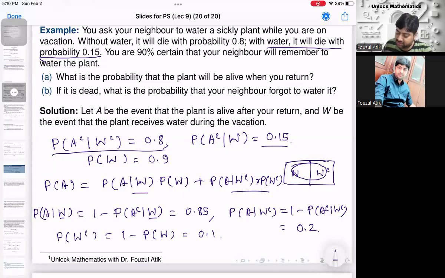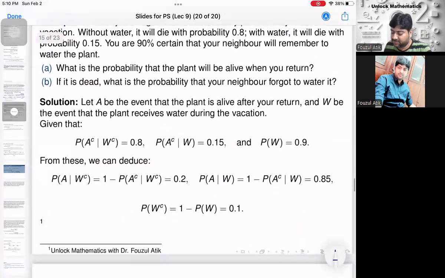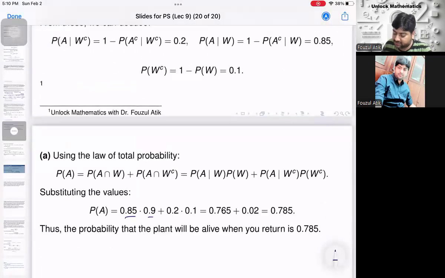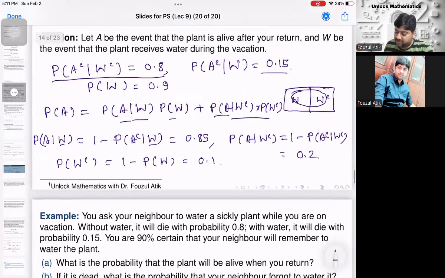We can substitute these values in this part. Maybe I'll do it here somewhere. I'll change the color.